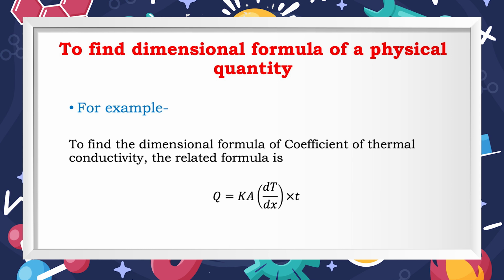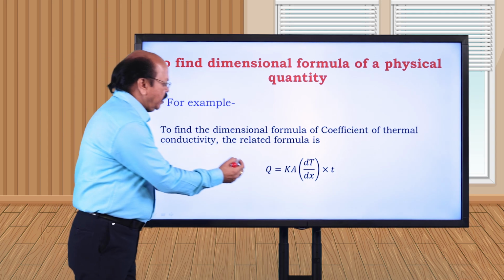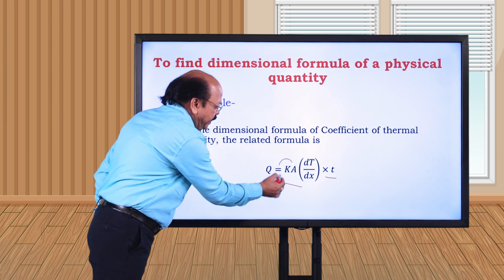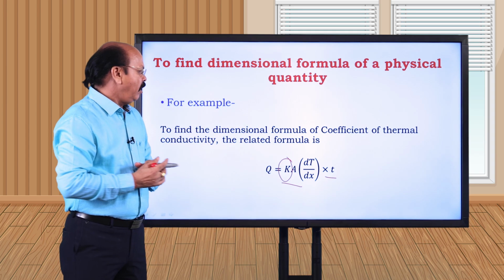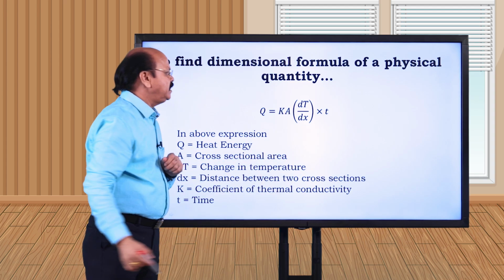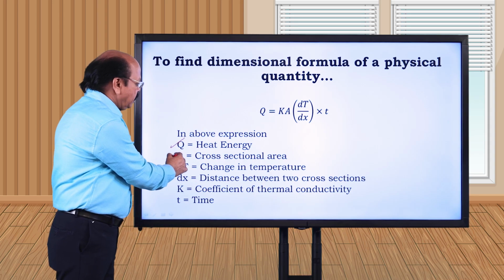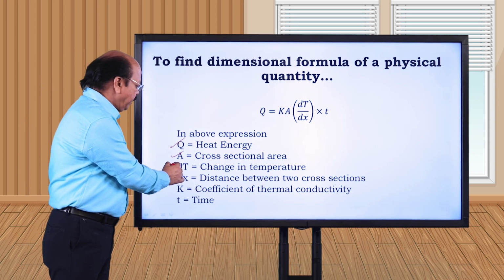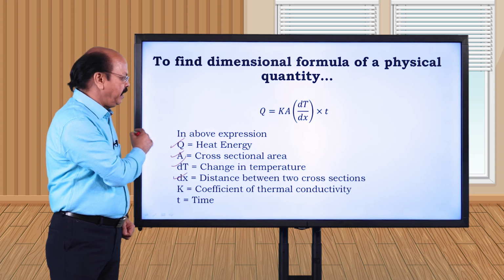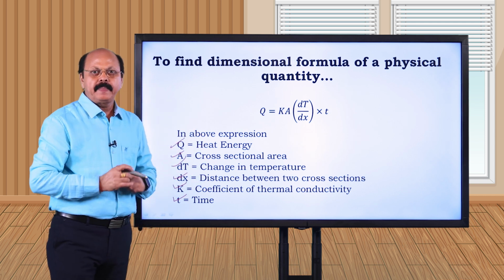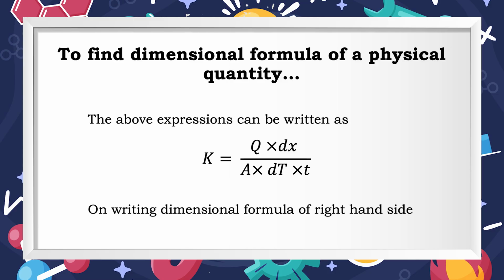For that purpose, we require the formula, and the related formula is Q equals K A dT upon dx into t, and our aim is to find the dimensions of the coefficient of thermal conductivity, that is K. Here Q is heat energy, A is cross sectional area, dT change in temperature, dx distance between two cross sections, K coefficient of thermal conductivity, t is time. Now, we have to find the dimensional formula of the coefficient of thermal conductivity.